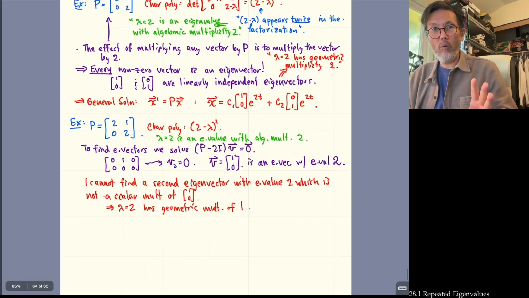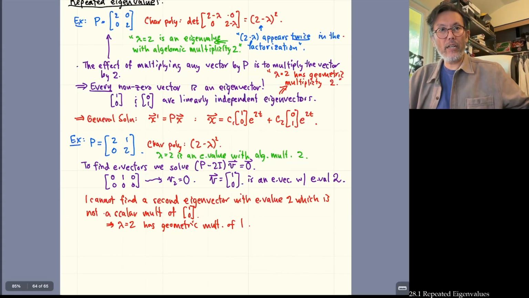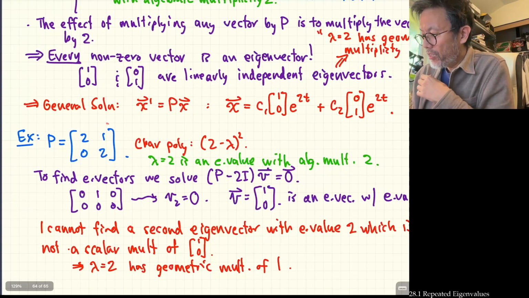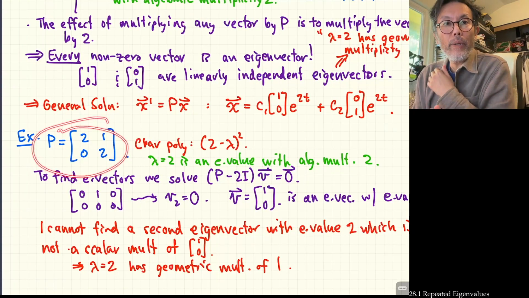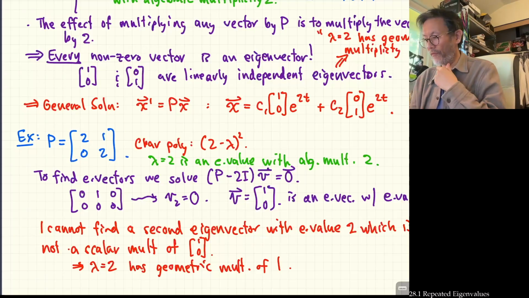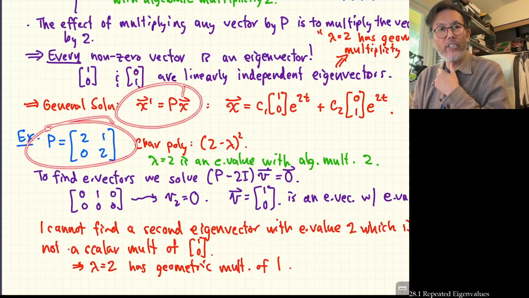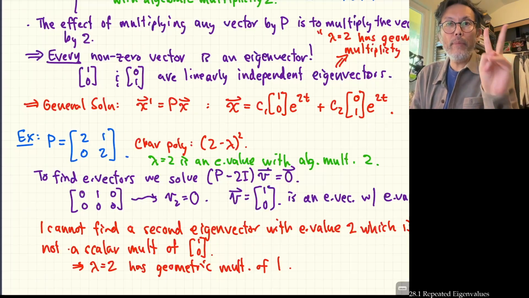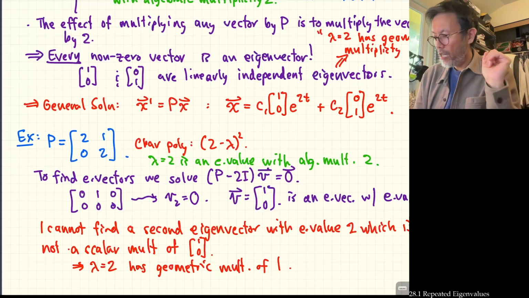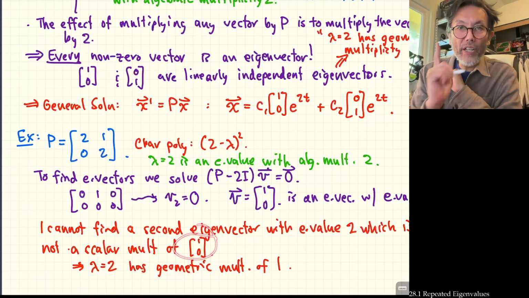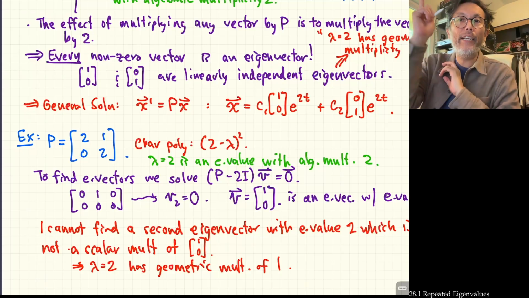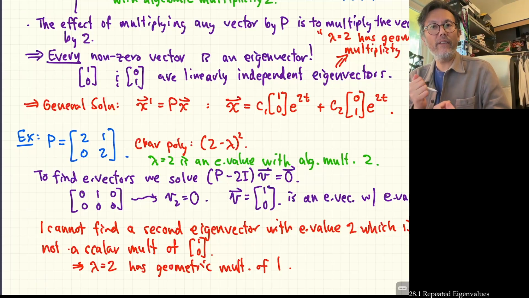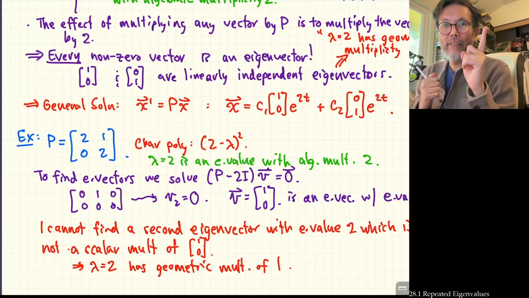Because we know from general theories that I've shoved down your throat in the past that the dimension of the solution space to x prime equals Px, if we think about this system, but now for this matrix P, we know that the solution space is two-dimensional. Okay? But this only gives us one solution because we can only find one linearly independent eigenvector with eigenvalue 2. There's only one.